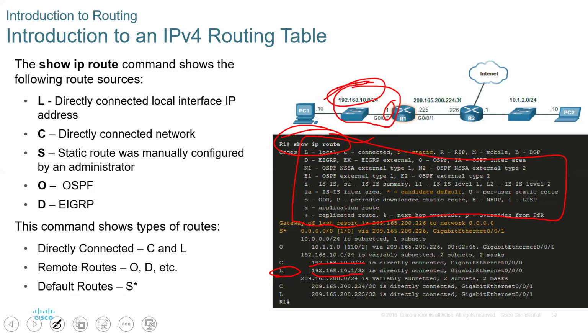Then S means that that route was configured statically by the administrator, manually. That's where you see this one. In fact, when you see the one that has an asterisk, it means that it's a default route. So you see this route was created by the network administrator itself. When you see O, it means OSPF, a dynamic routing protocol.